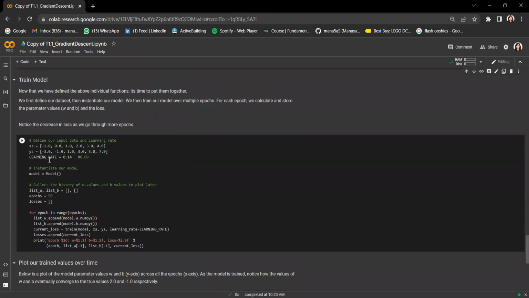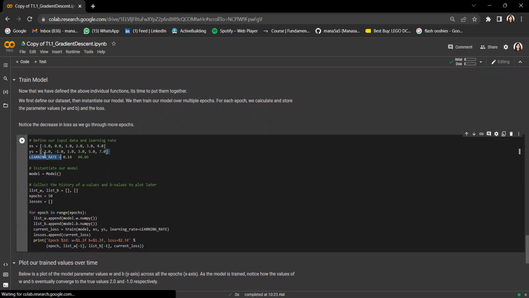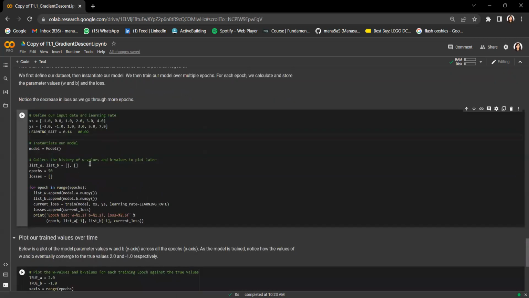Okay, now that we have those three subparts ready, we're going to train our model and we're going to combine those three definitions. So first thing we're going to do is, again, define our mini data set. So essentially 6 values of inputs and corresponding outputs. We're going to define a learning rate of 0.14.